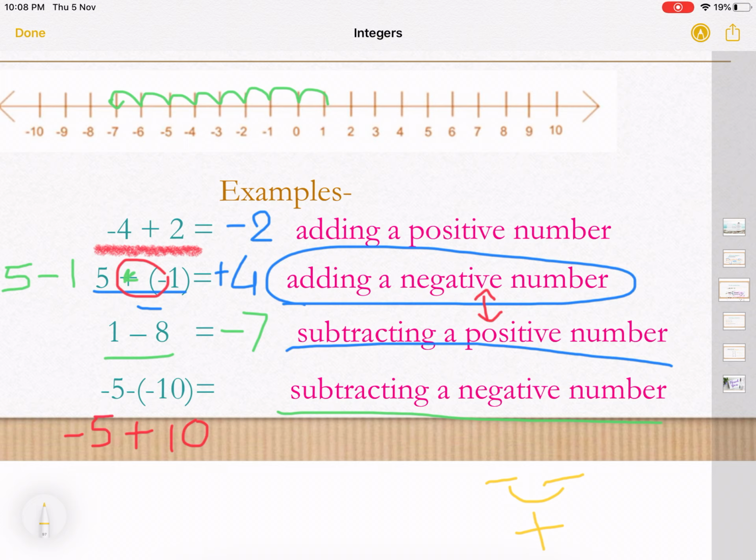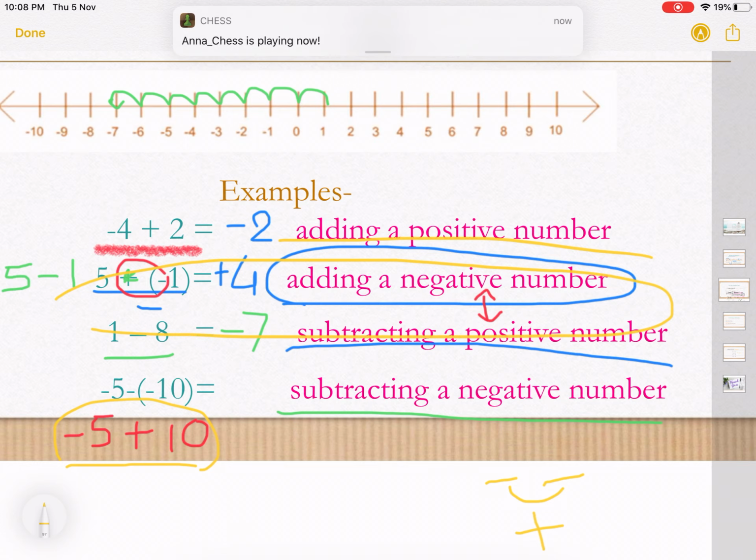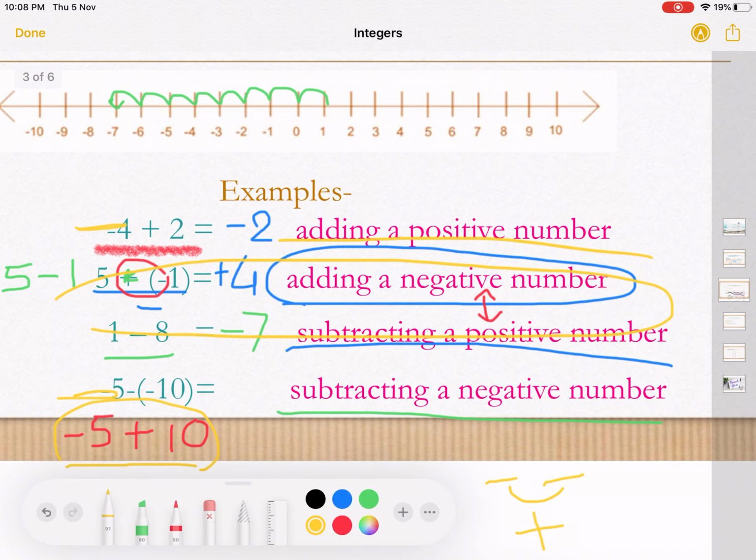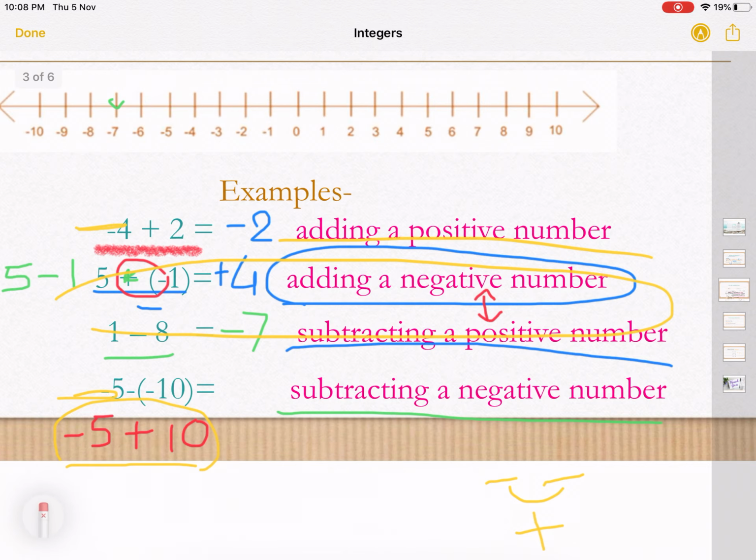Alright, now on the number line we move to the right side when we are adding a positive number, as you know. So isn't that just the same? These two methods that we saw here were also the same, and also the first and the last one. Alright, now let's solve this. We have to start on -5 and move to the right side 10 times.